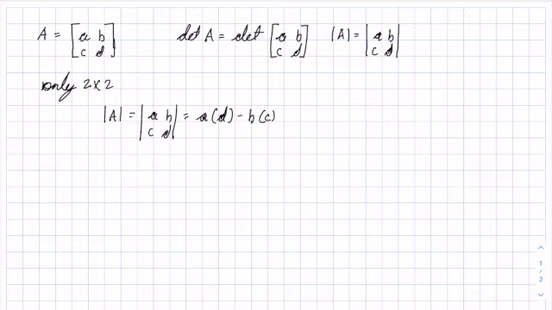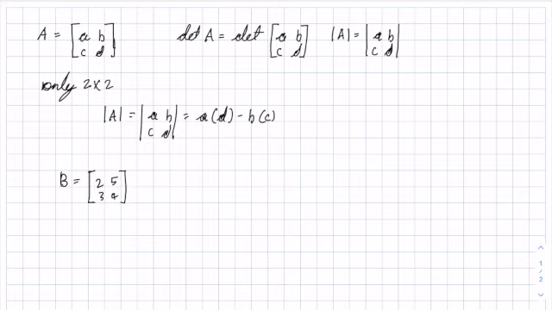Now let's do an example. Let's say we define matrix B as 2, 5, 3, 4. This bracket looks bad, so let's change this real quick. That's a little better.